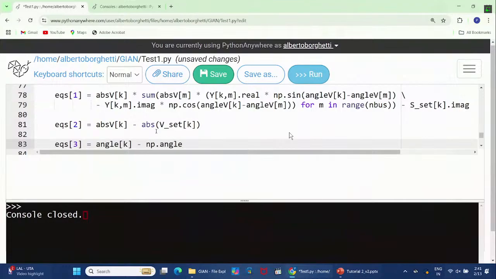This is a function in NumPy that extracts the angle from a complex number. np.angle and in parentheses V set. Always in bus K.